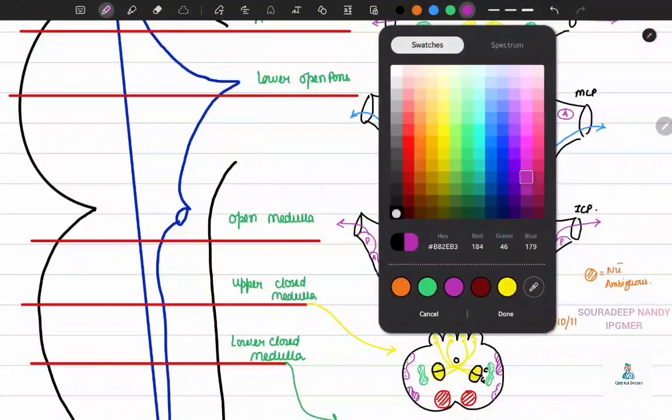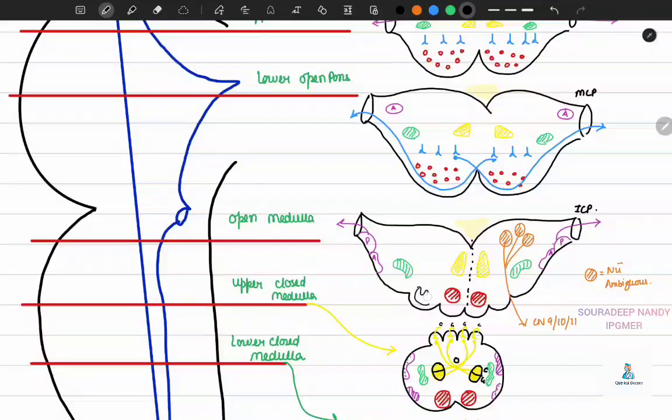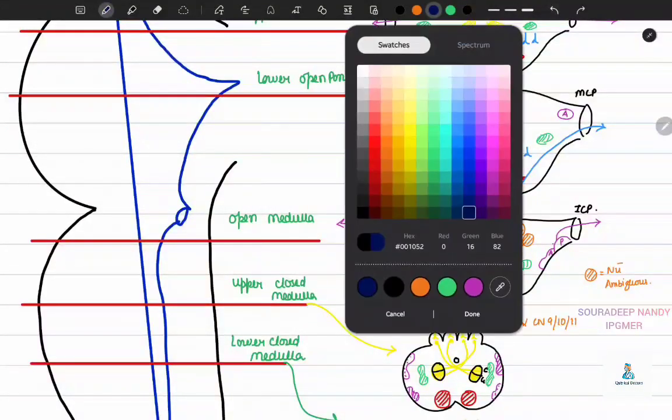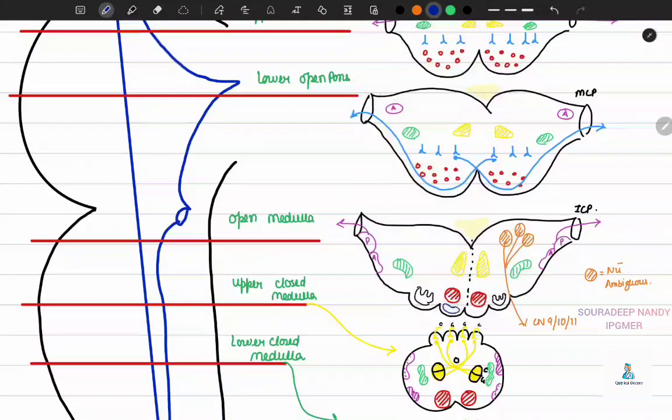Here we have the olivary nucleus. This is the inferior olive. Here is the presence of a nucleus which is called the arcuate nucleus.